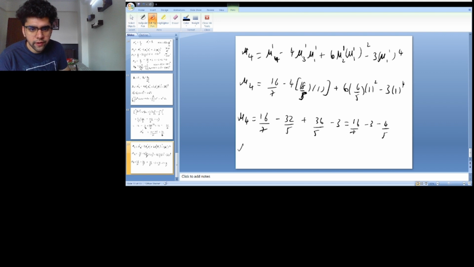The LCM will be 35. 3 into 35 is 105. And 16 into 5 is 80, and 4 into 7 is 28, so this will be negative. 105 minus 20 is 80... 28 plus 25, 53.